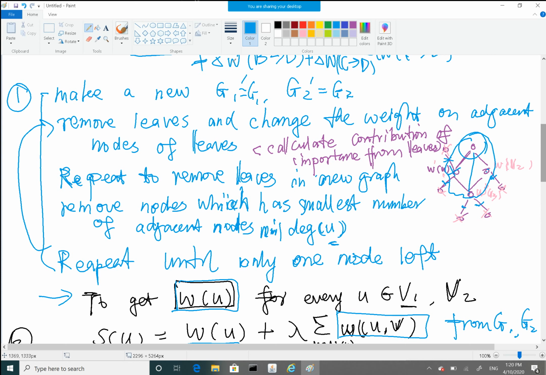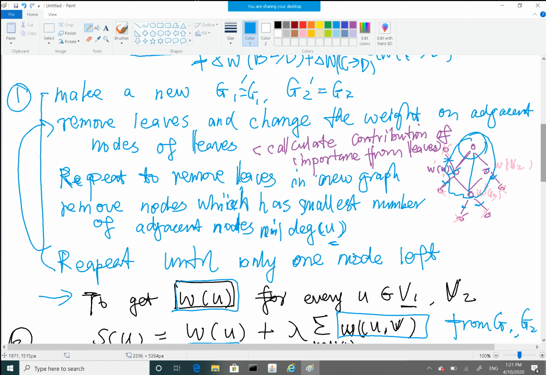And in this way, you may remove the leaves and get the vertex which has the smallest degree, and check the contribution of this vertex which has the smallest degree, right? And repeat this step, and check all the adjacent nodes, what is the contribution from that.